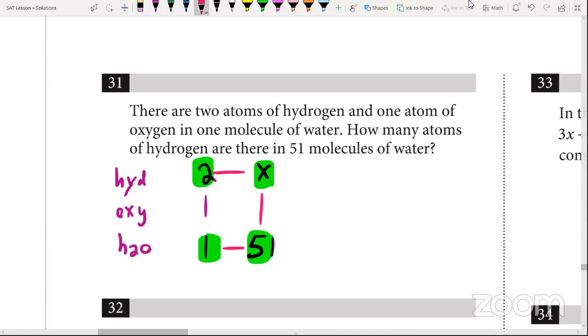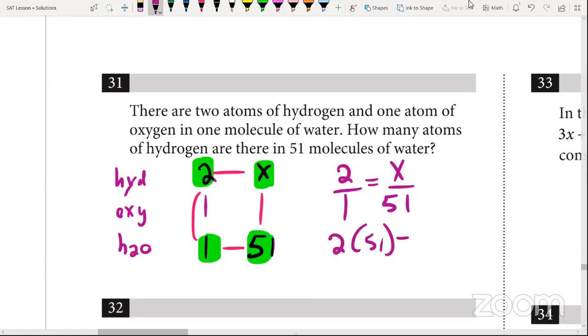So that allows us to write a proportion and say 2 over 1 equals x over 51. Cross multiply, 2 times 51 equals x times 1, and x now equals 102. And the answer to number 31 should be 102.